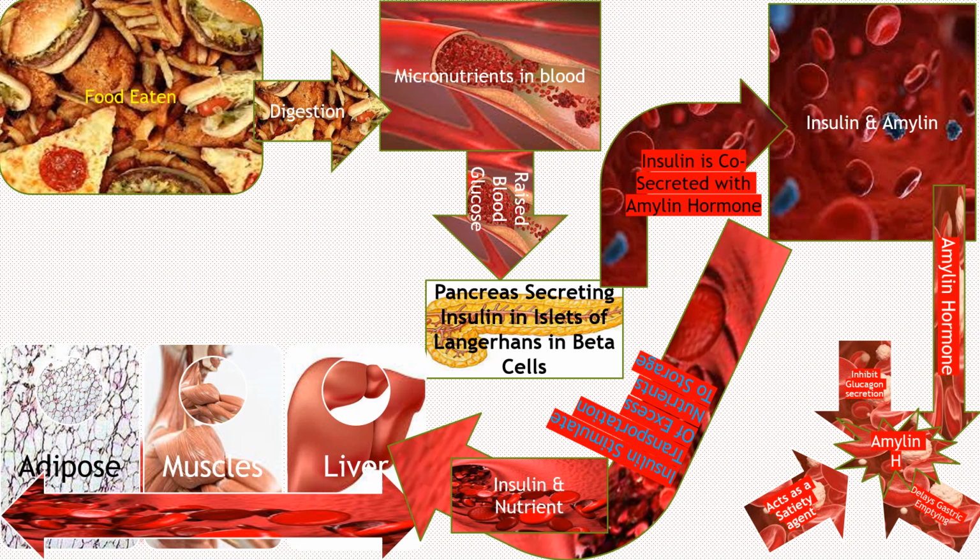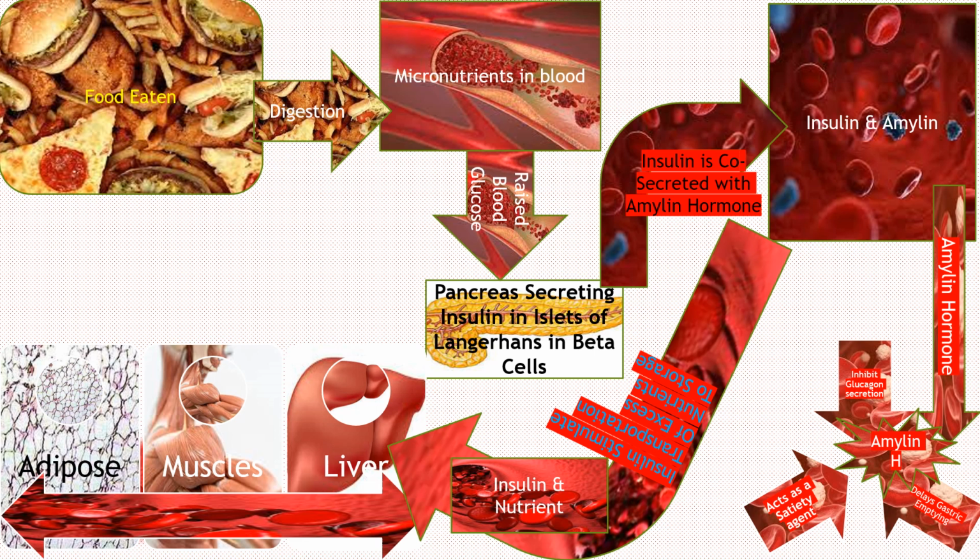This stimulates the pancreas to secrete insulin, which is co-secreted with amylin hormone from the beta cells in the islets of Langerhans. Amylin hormone inhibits glucagon secretion, delays gastric emptying, and acts as a satiety agent.